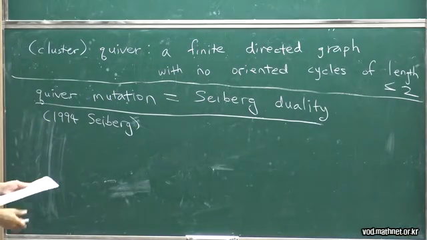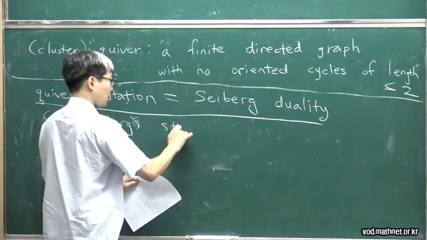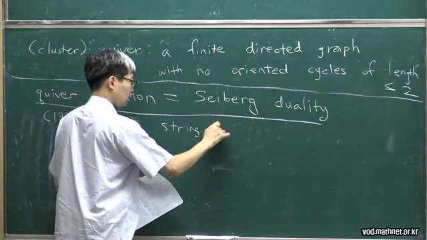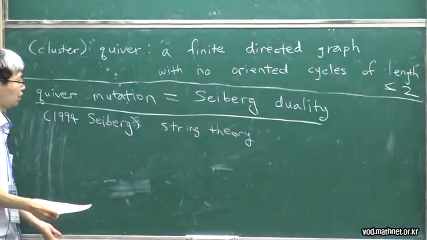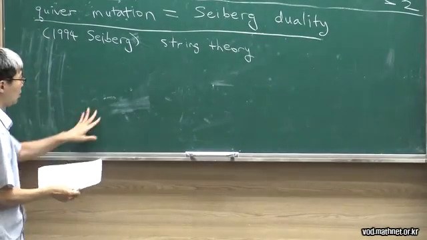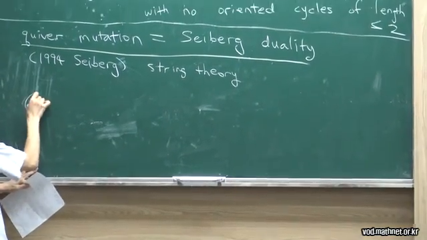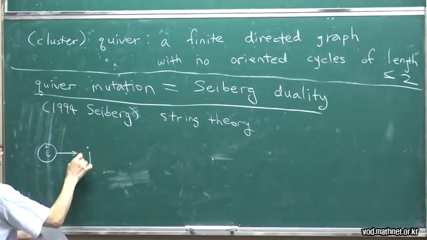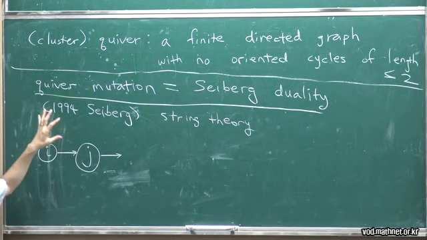Seiberg introduced this operation in the context of string theory. So the idea is that we can choose any vertex of a digraph, and then we can take a Seiberg duality at any vertex.